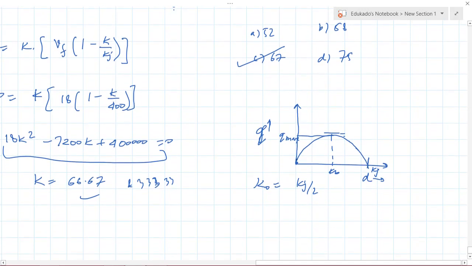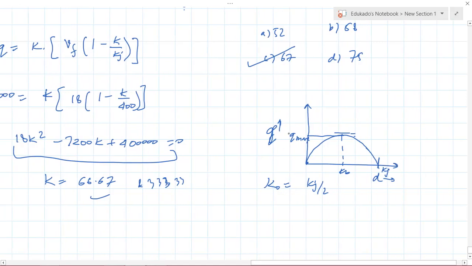Q max is 1800, and you are calculating q for a lesser value, q equals 1000. So the new k corresponding to q must be less than Kj by 2.